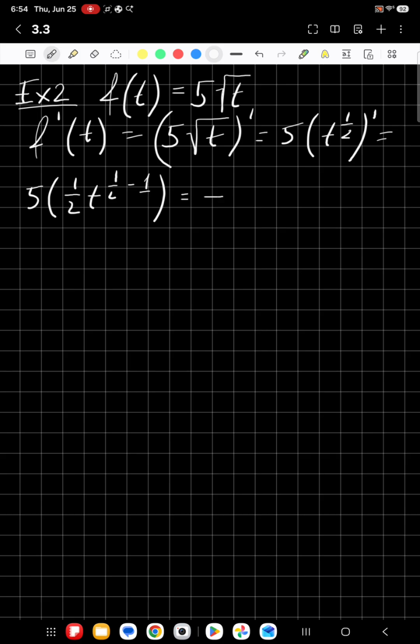Okay, so we have 5 over 2, and then that's going to be t to the negative half. So the final answer will be 5 on the top, and then 2 here, and it's going to be the square root of t. Okay, yeah, so that's that.